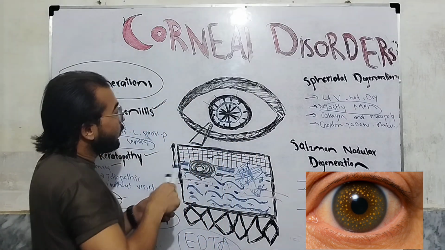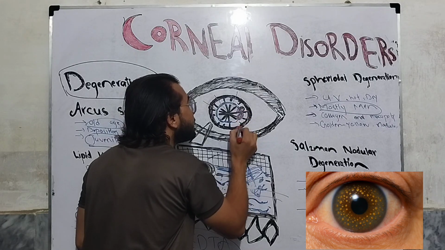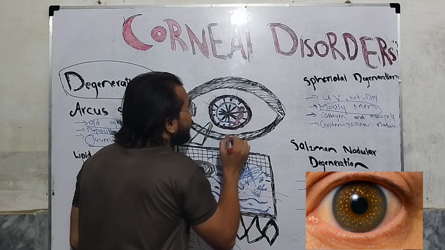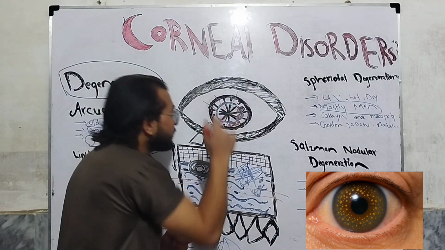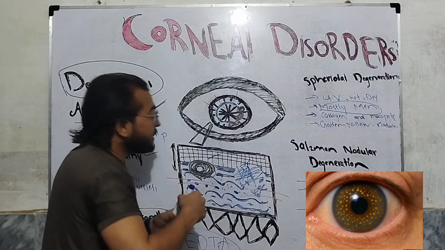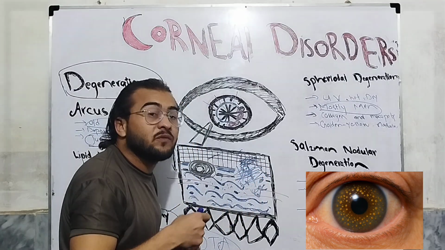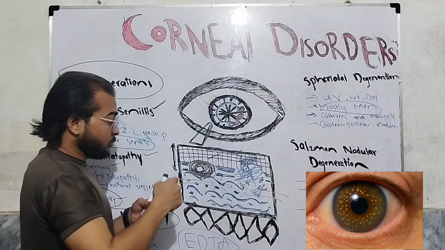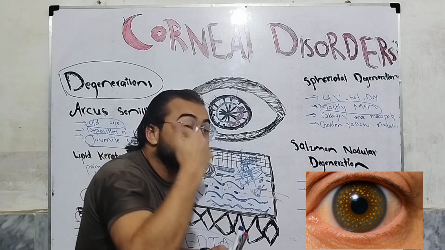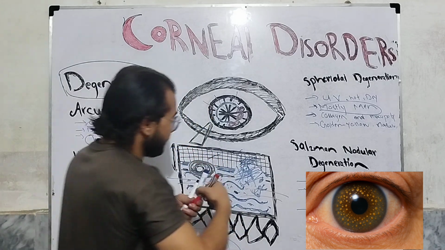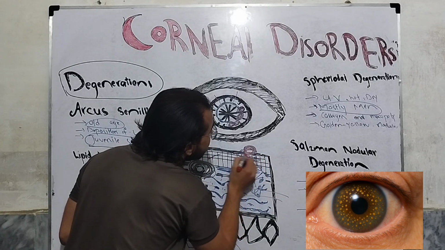Okay, granules will be produced, and these granules are golden yellow granules on the surface of the cornea, which are produced due to the cross-linking of the collagen fibers and the matrix, which produces visible golden yellow granules on the surface of the cornea. Okay, this is called spheroidal degeneration.